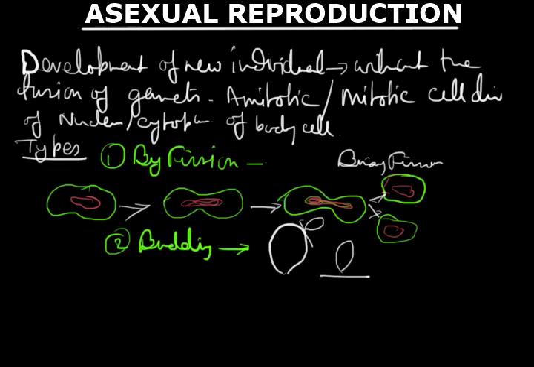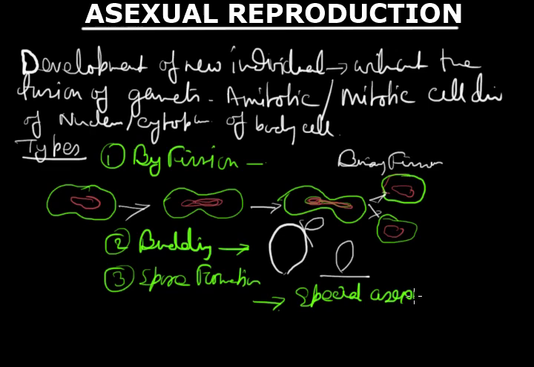Then we come to another type of reproduction, by spore formation or sporulation. In some plants, there are thick and thin-walled special asexual reproductive units called spores. Let's draw something like that.